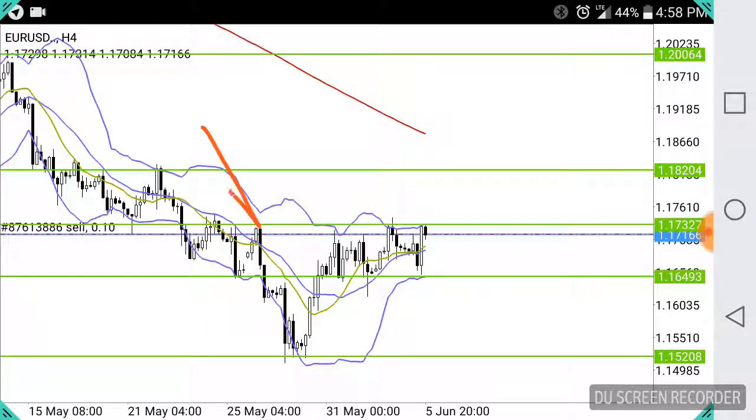So you would enter here, you would enter here, you would enter here, and every time it goes down, you just simply cash out. Once it gets down here, you take your profit. Once it gets down here, you take your profit. That's all you have to do. Trade with the market, trade in the direction the market is going.